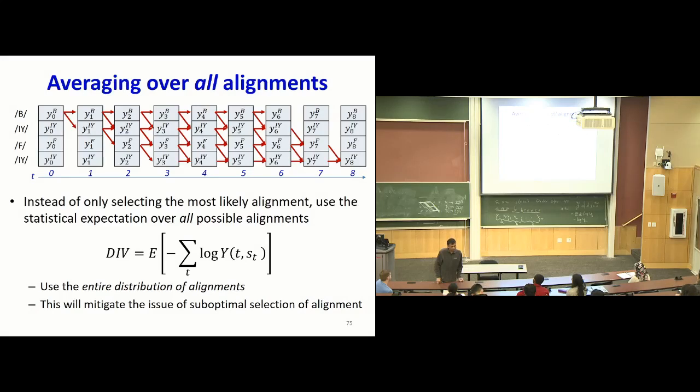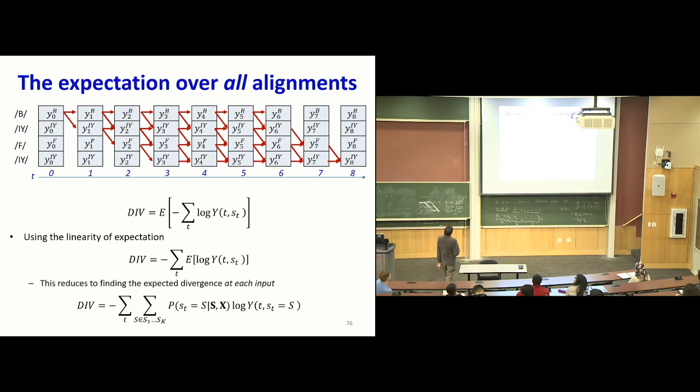That make sense? Right? And that I can do like so, right? This is the expectation over all possible alignments of the divergence computed for that alignment, correct?